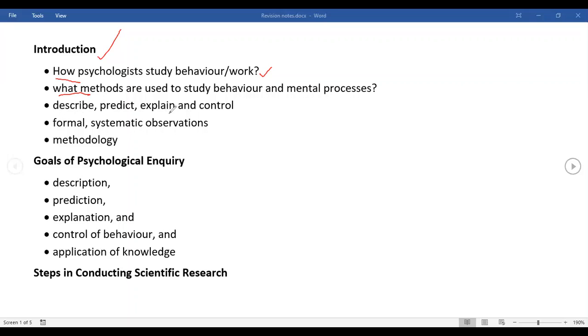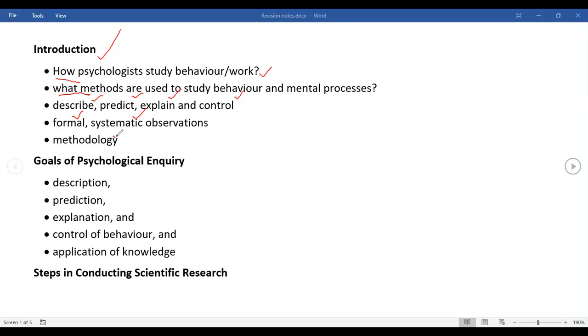The main steps involved are describe, predict, explain, control. Describe the behavior, predict the behavior, explain the behavior, and control the behavior. What are the types of observation? Formal observations, systematic observations. So what type of method?